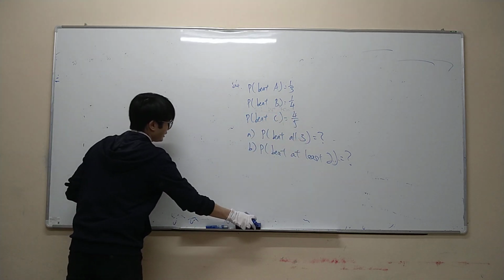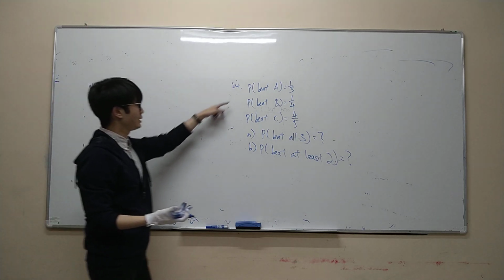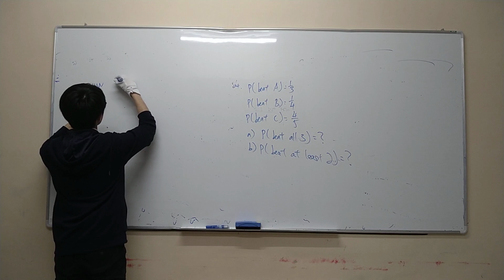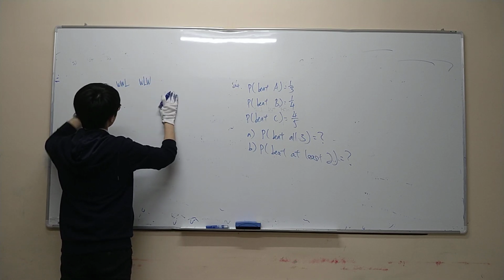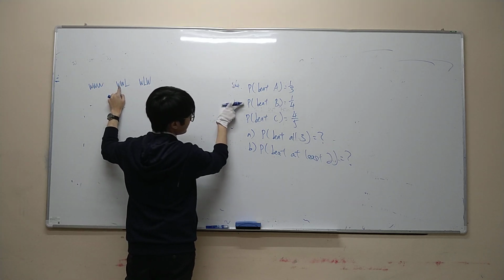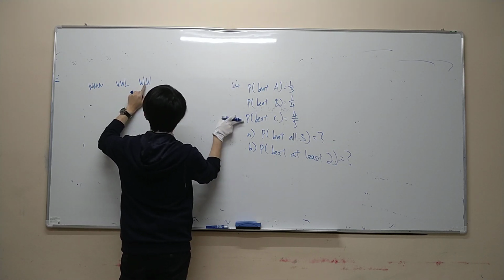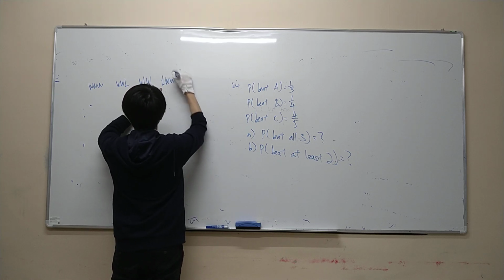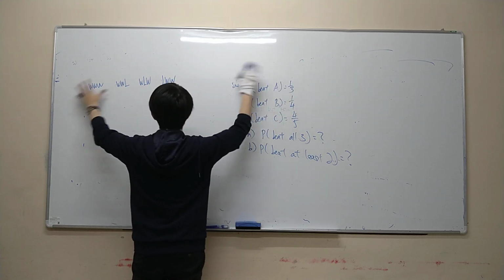She can win all 3, or win, win, lose, or win, lose, win, or lose, win, win, and so on. The win, win, lose here means she beat A, beat B, but lost to C. In total there will be 8 possibilities.